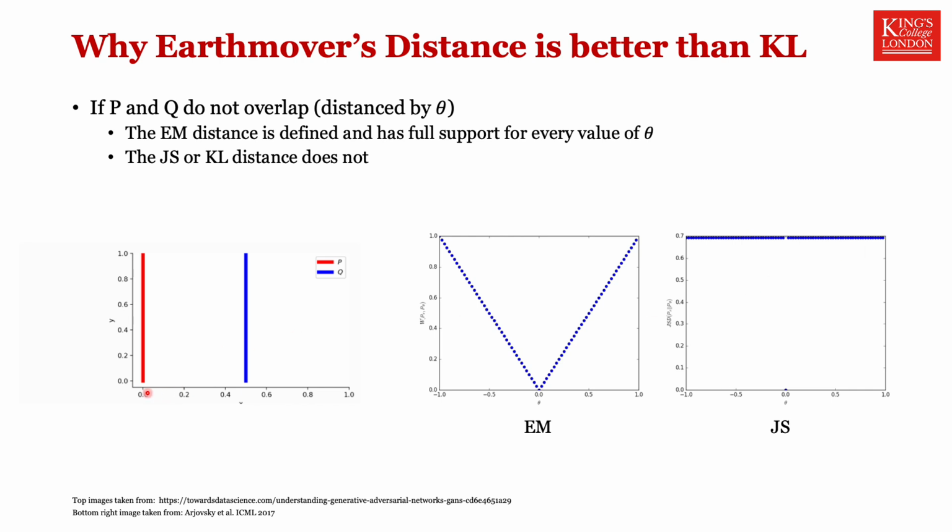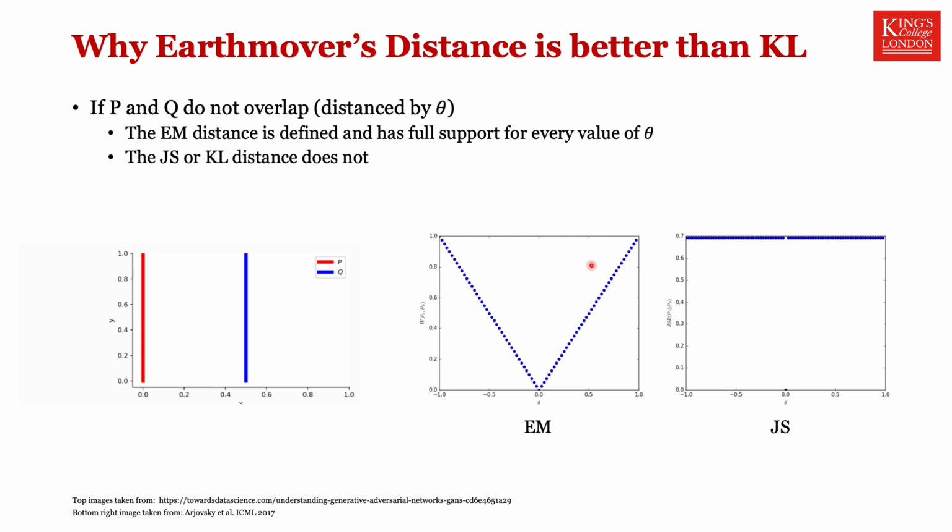So you see that depending on the position of these 2 distributions, the loss function doesn't really move much if you try to get them slightly closer to each other. For example, if the red distribution moves to 0.2 or even 0.4, the KL divergence doesn't really change. It only changes when there's overlap between the 2 distributions. And as we've seen before, the space of images is very sparse because it's very high dimensional, so there tends to be very small overlap between images, which is why KL divergence doesn't tend to work very well.